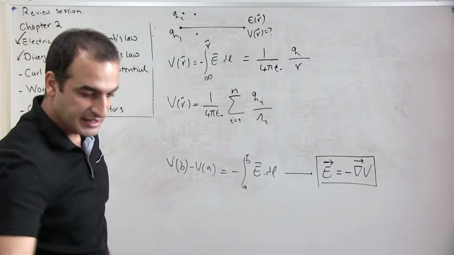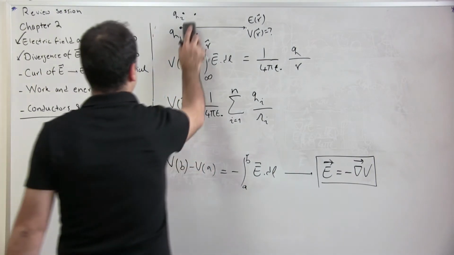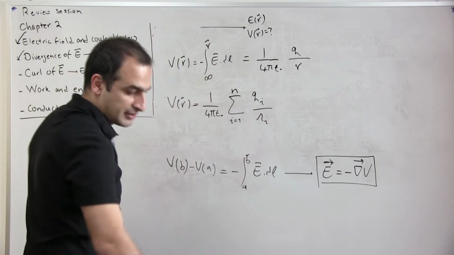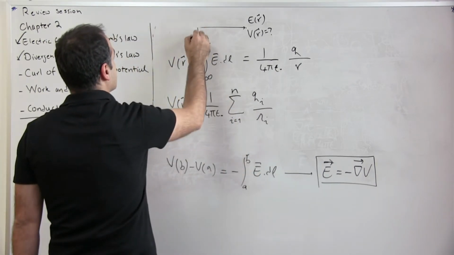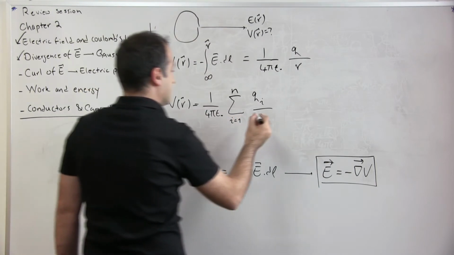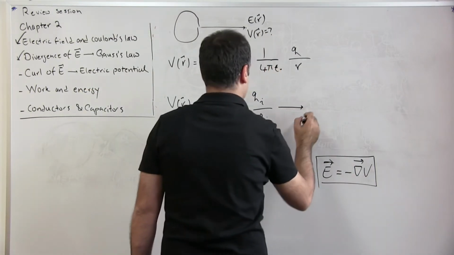Now you can imagine if instead of point charges, we have a localized continuous charge distribution, we can change this to the integral form.